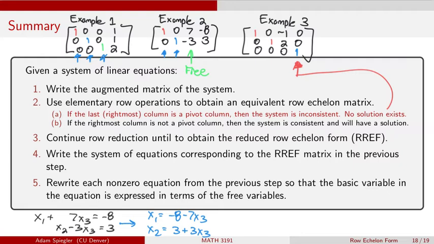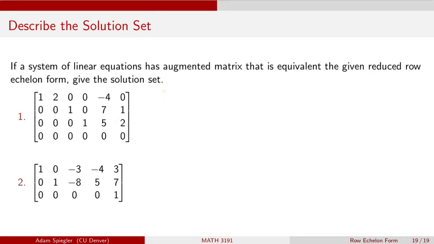Okay, so on the last slide, I have a couple of examples to test our understanding of what we can infer from the reduced row echelon form of a matrix. Let's imagine I'm working with a system of linear equations, and that the augmented matrix for that system is row equivalent to this reduced row echelon form matrix over here.